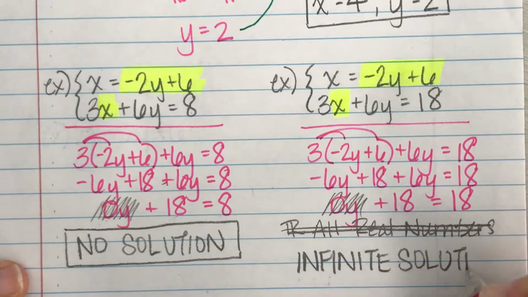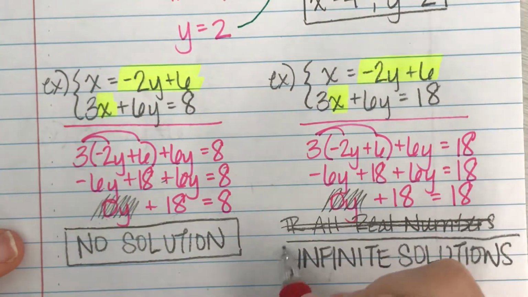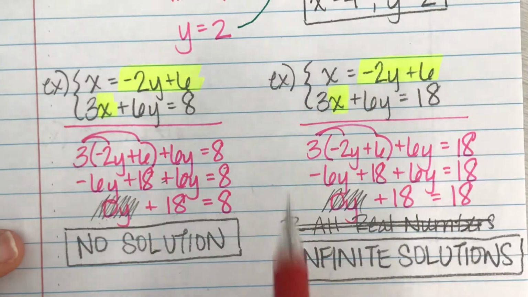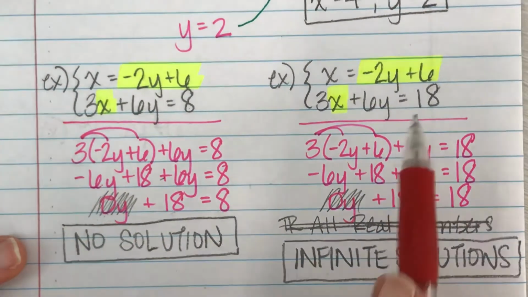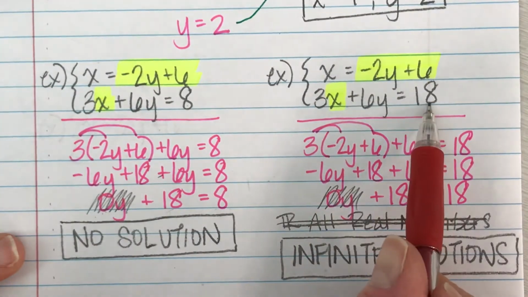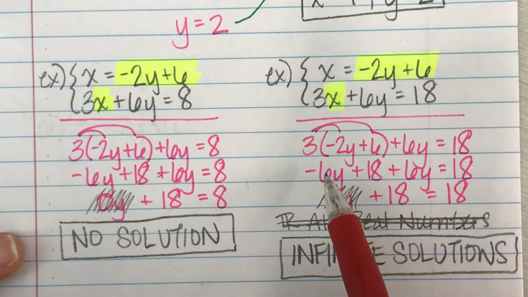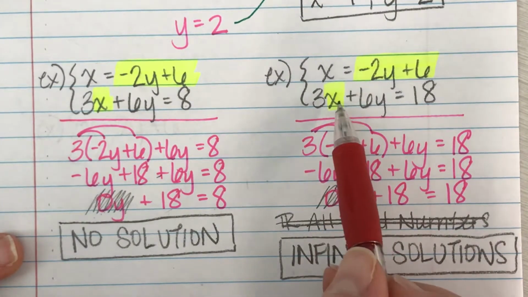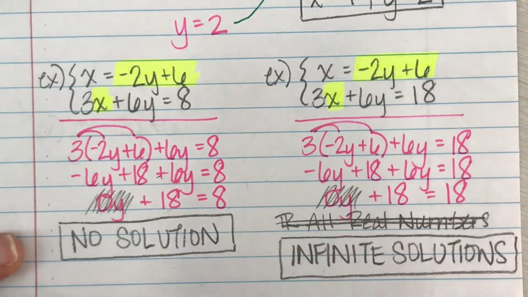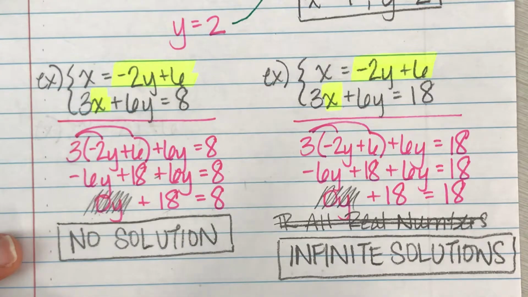It means that there are an uncountable number of combinations that will make these two formulas work, okay? If you get one that makes this equal 18, it will always work with the top one as well, okay? You could come up with any combination you want. If it works in one equation, it will work in the second equation as well, okay? So there are an infinite number of combinations that will work, not just one.